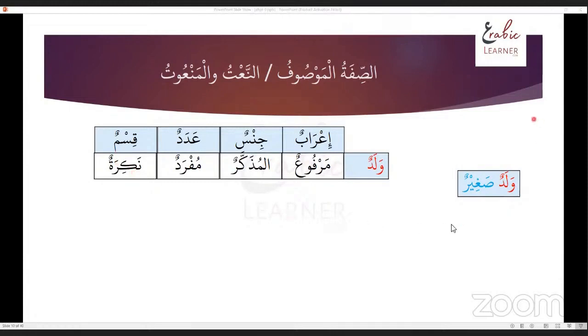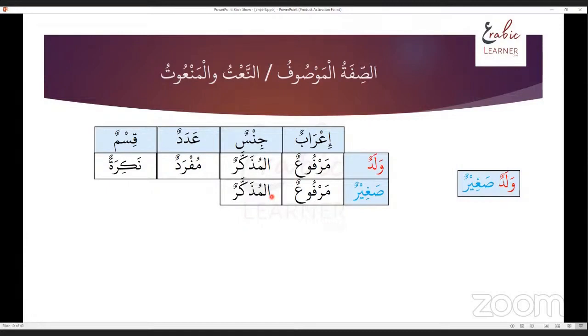Now let's compare saghirun, same thing. Saghirun is again ending with two dhamma, so it is marfu. Saghirun is again muzakkar, because if I want to refer to a feminine thing, small, then I will not say saghirun, I will say saghiratun. You know that, right? You add ta marbuta to the end. Why do you add it? To make it feminine.